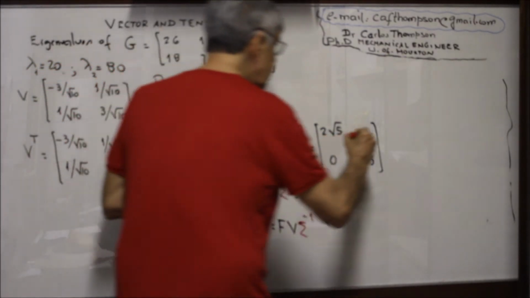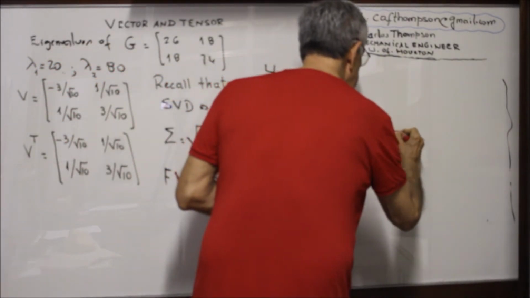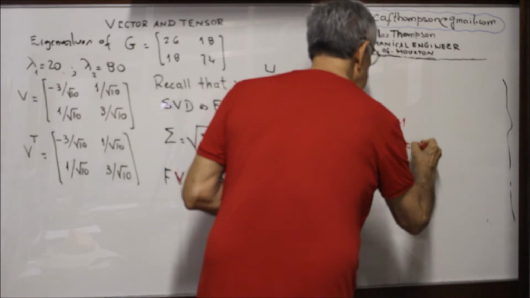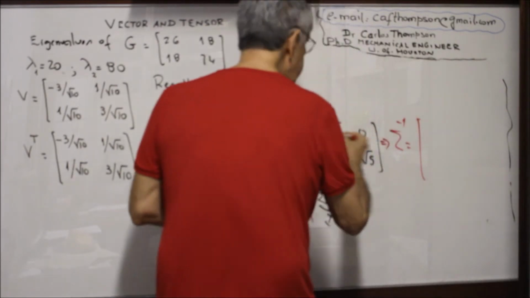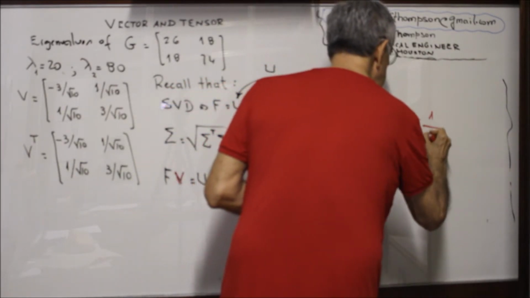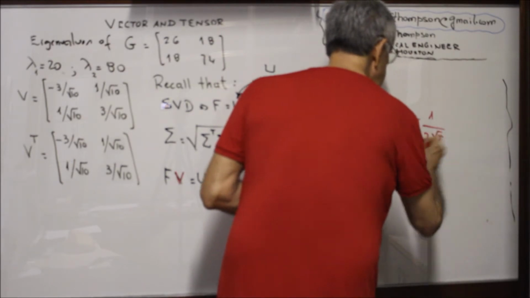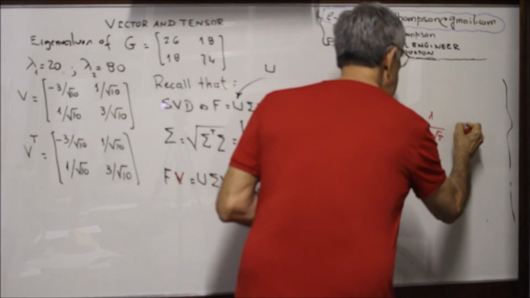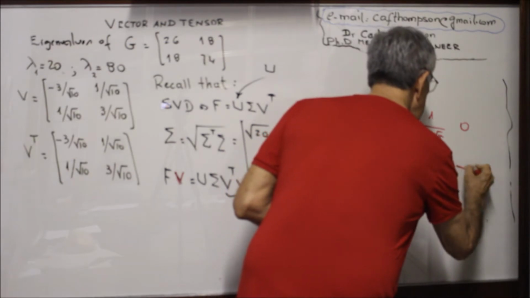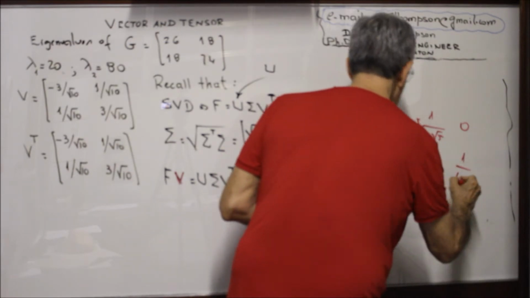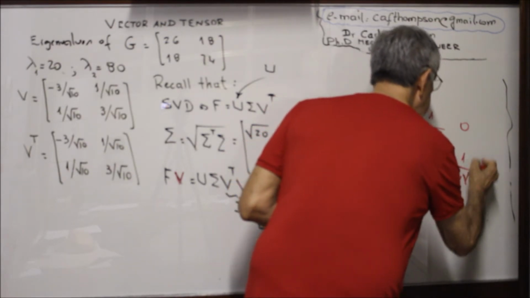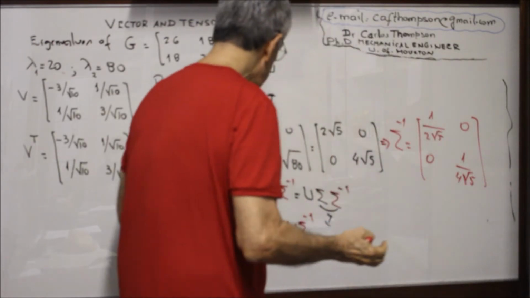So from here, this implies that sigma minus 1, the inverse, is 1 over 2 square root of 5, 0, 0, and 1 over 4 square root of 5. It's very easy.